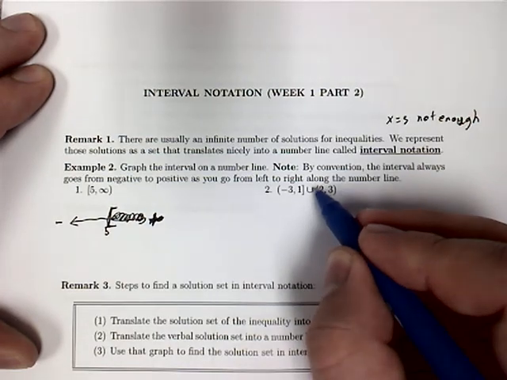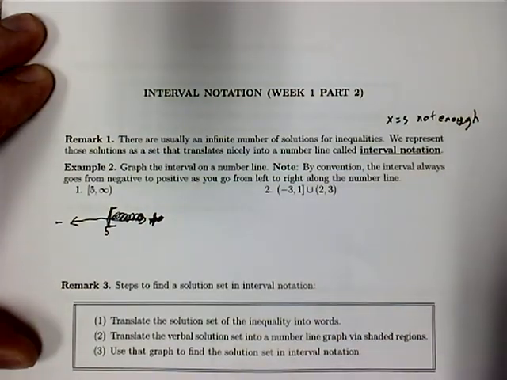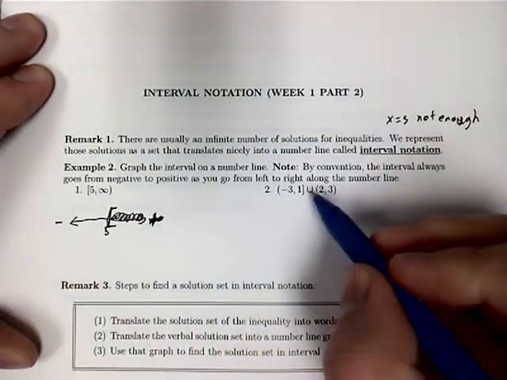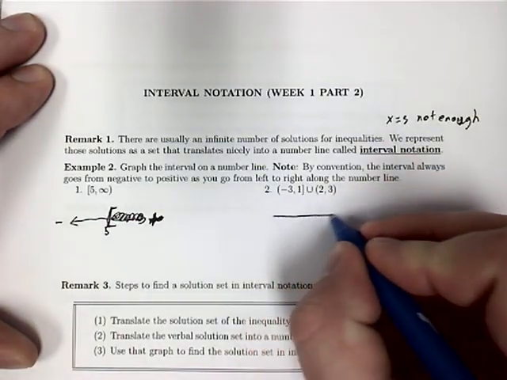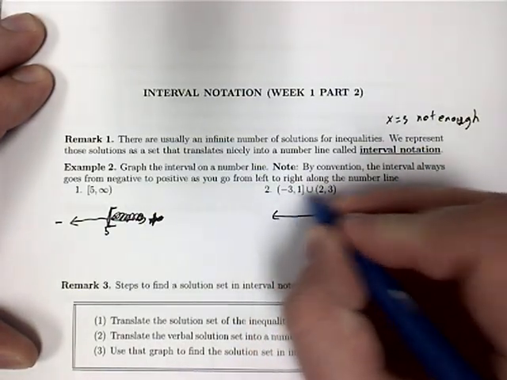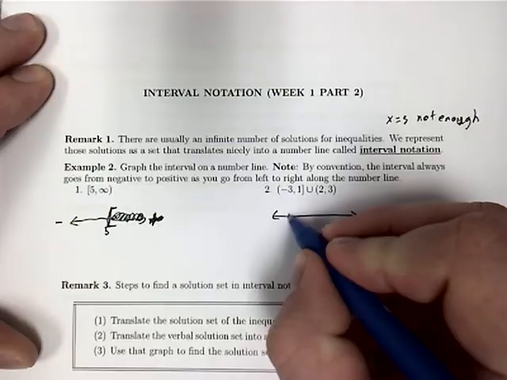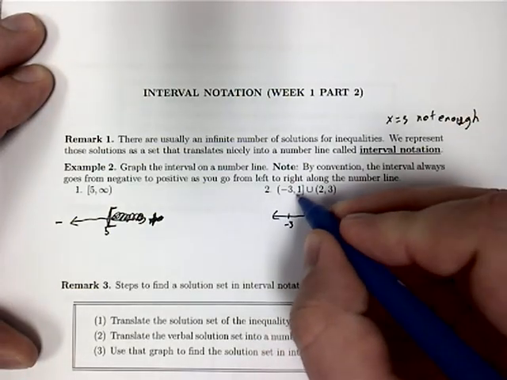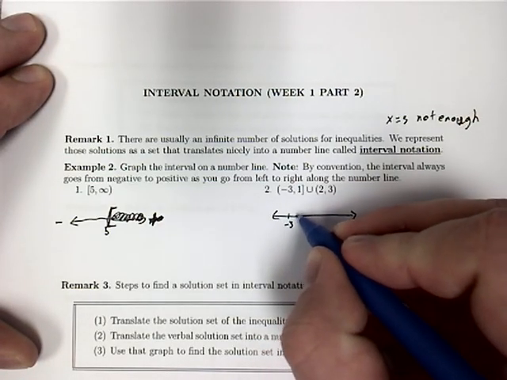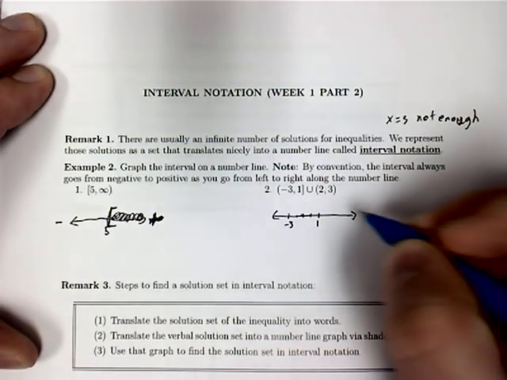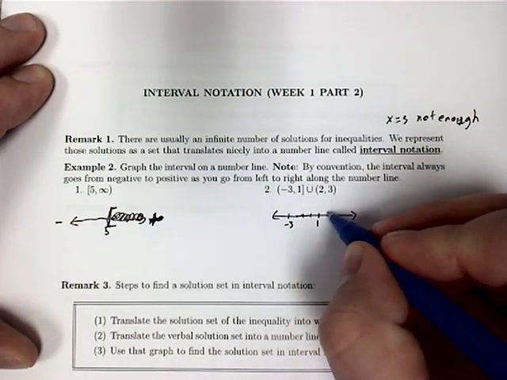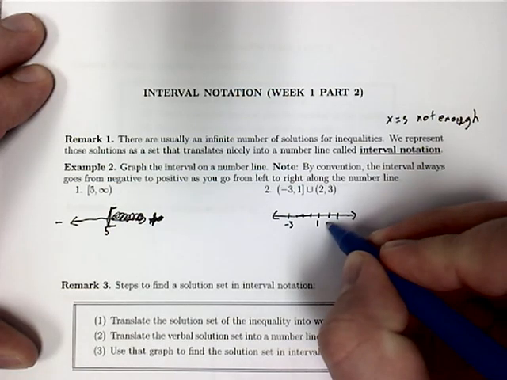Similarly, this U just means gluing together two different intervals into one bigger set. There are more implications about what it actually means, but we can avoid that for right now. If we look at these two intervals, we don't have to be precise with the distribution. We'd have -3, -2, -1, 0, 1, and then 2, and then 3.